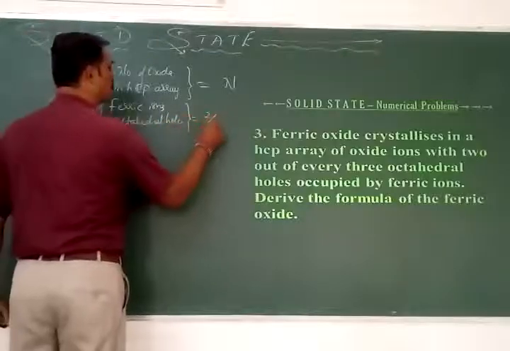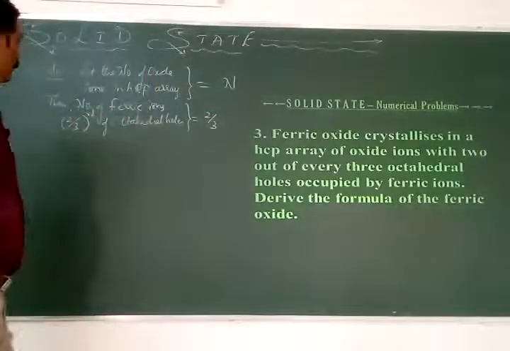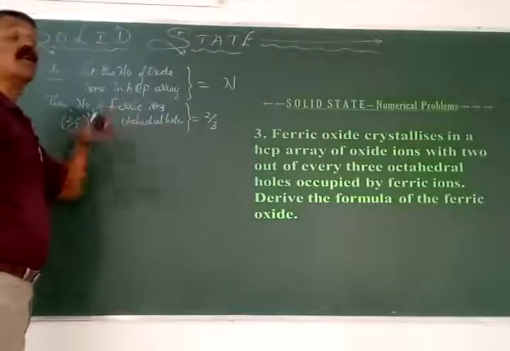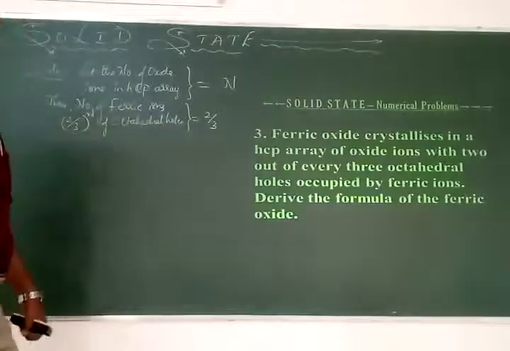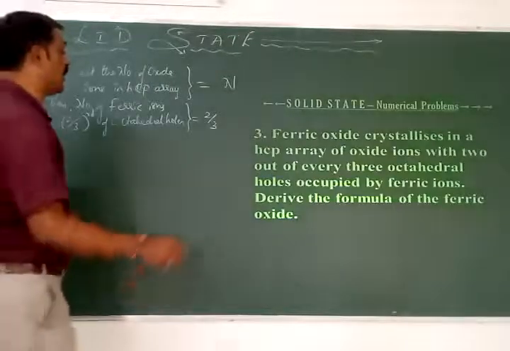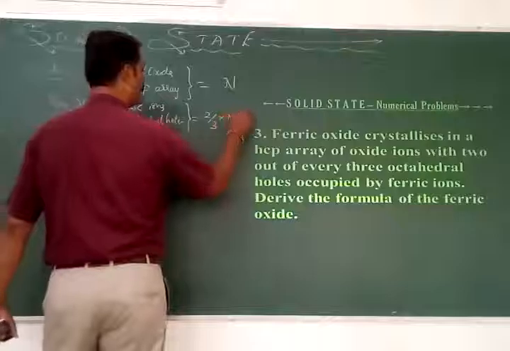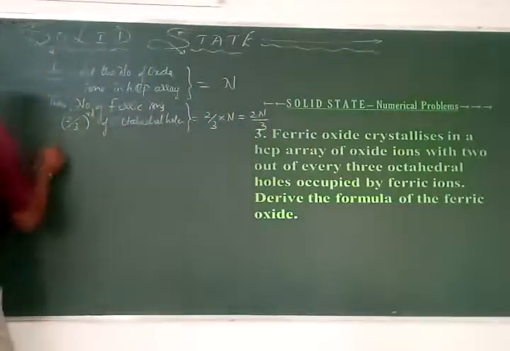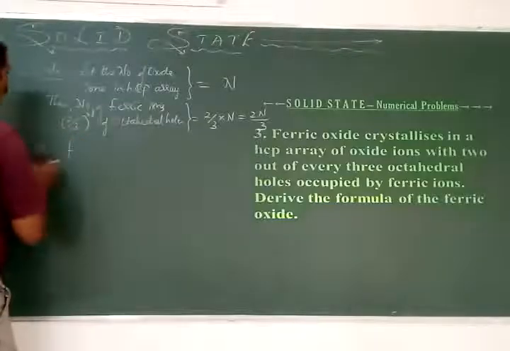Octahedral voids means it is N, and if it is tetrahedral voids, it is 2N. Therefore, it is 2/3 into N, which means it is 2N by 3. Therefore, the ratio of which and which?